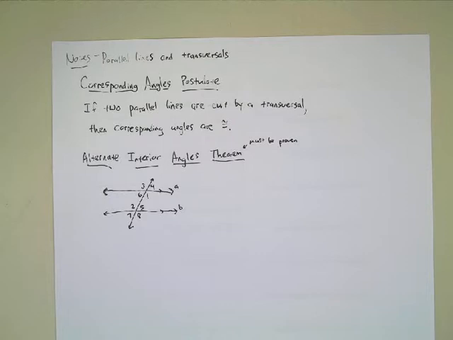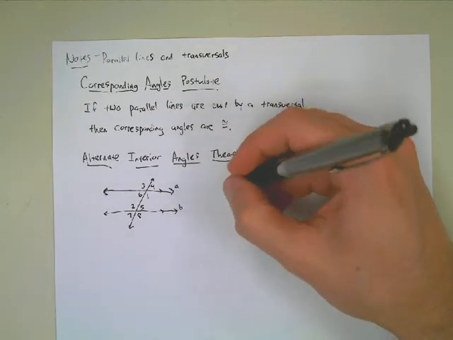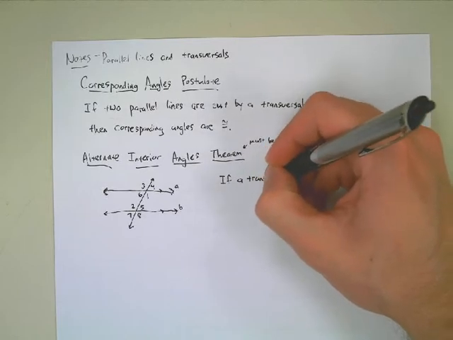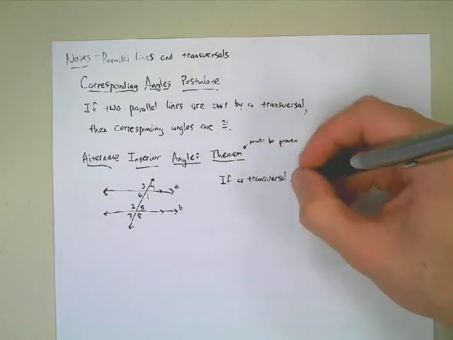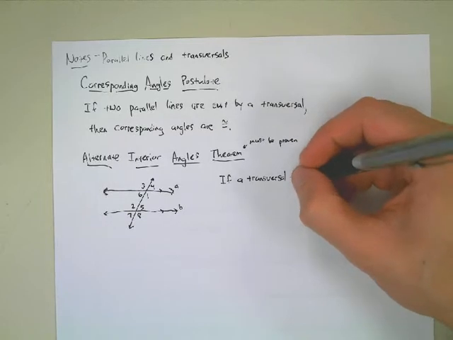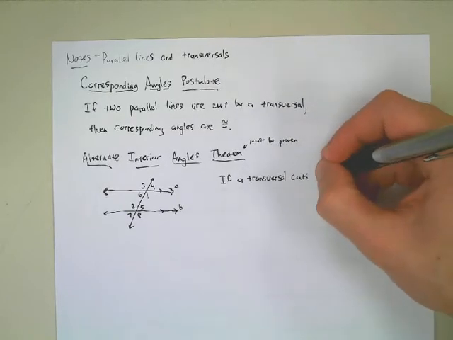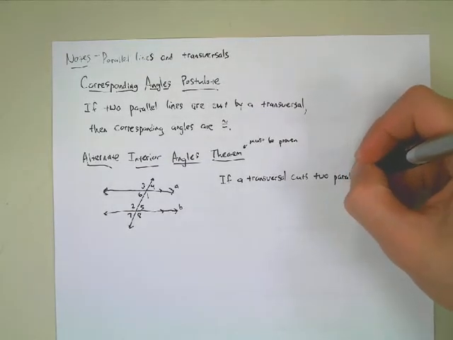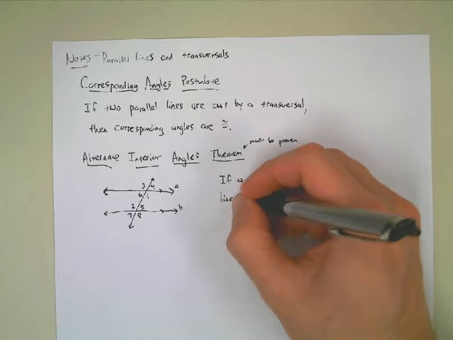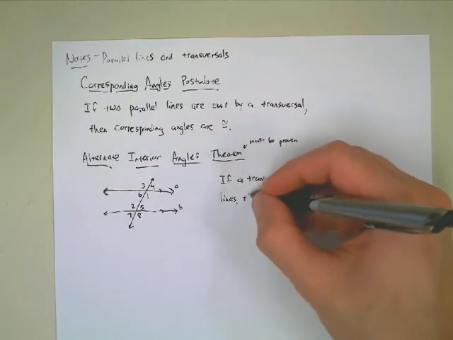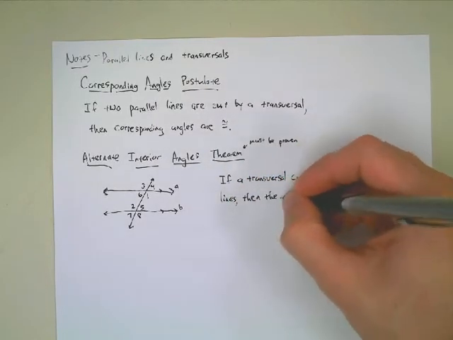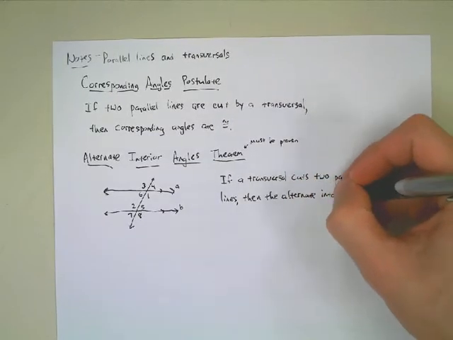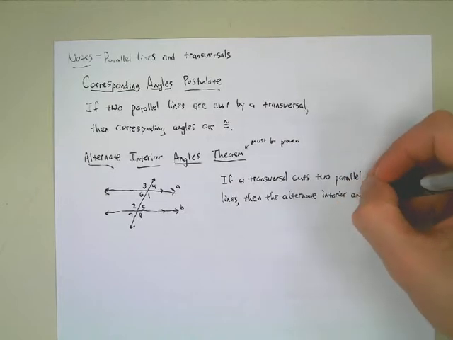So the alternate interior angles theorem is this. If a transversal cuts two parallel lines, the same kind of start as the other one, then the alternate interior angles are congruent.